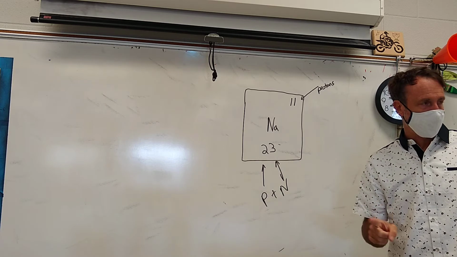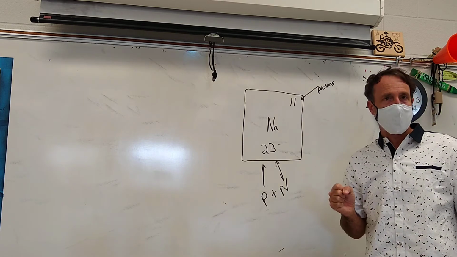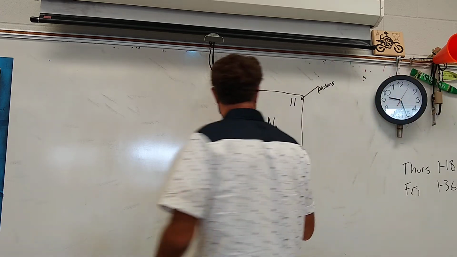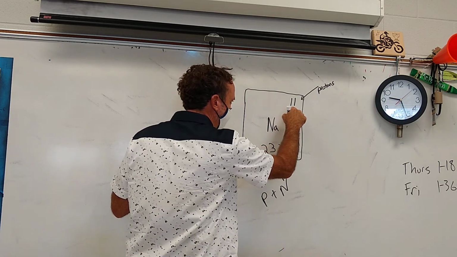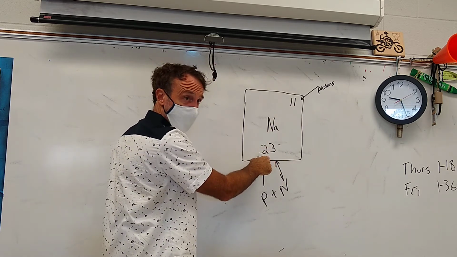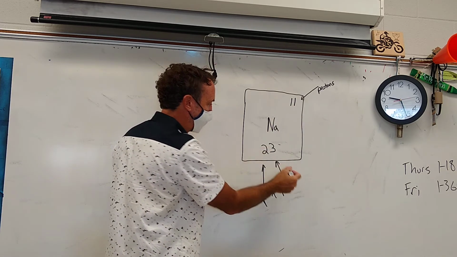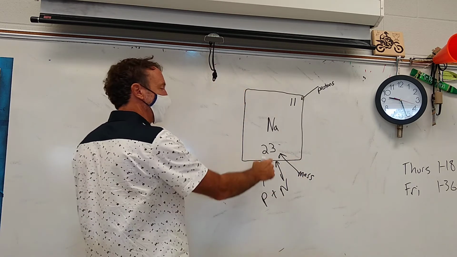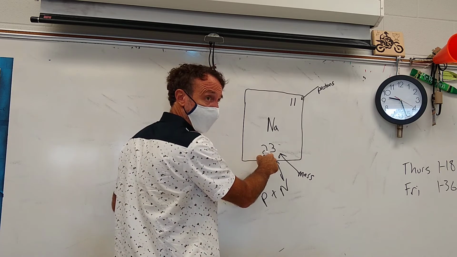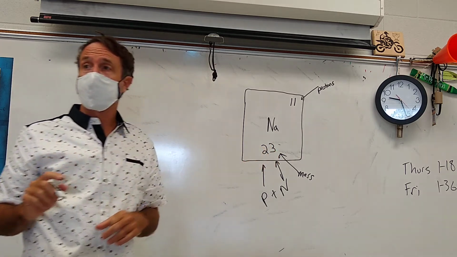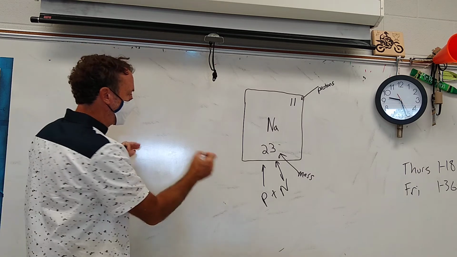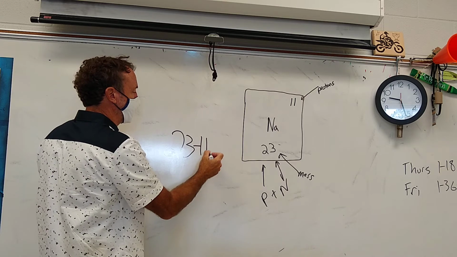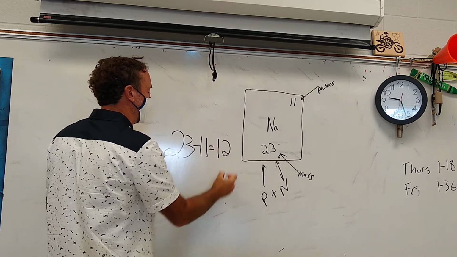So if I asked you how many neutrons it had, you would have to say, okay, Mr. Perkins, I know we have 11 protons, and I know that this number on the bottom, the atomic mass, is the number of protons plus neutrons. So if I wanted to find out the number of neutrons, I could say, okay, the atomic mass minus the number of protons equals 12.